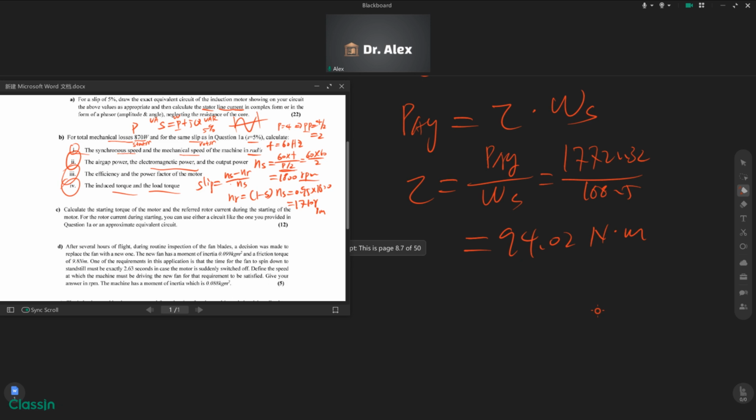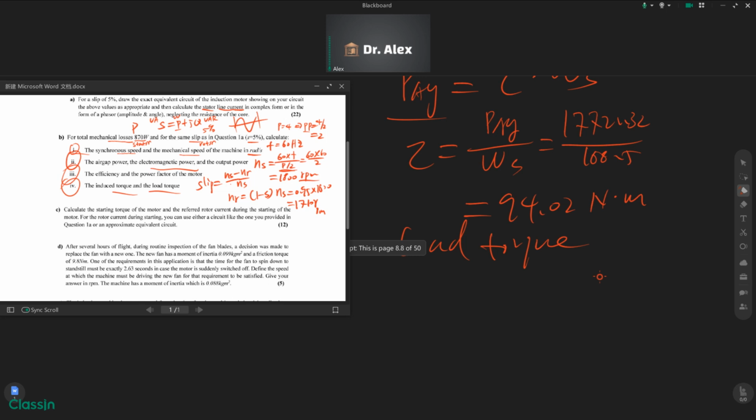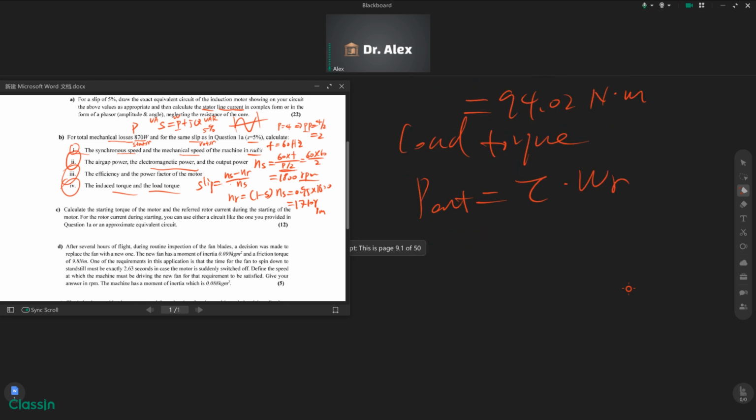All right, this is for our induced torque, and the load torque is straightforward. It is used to generate the output power. Output power equals the load torque times rotor angular frequency.